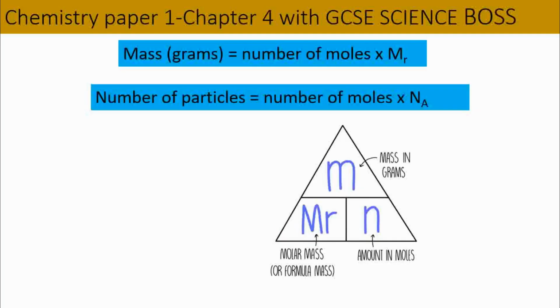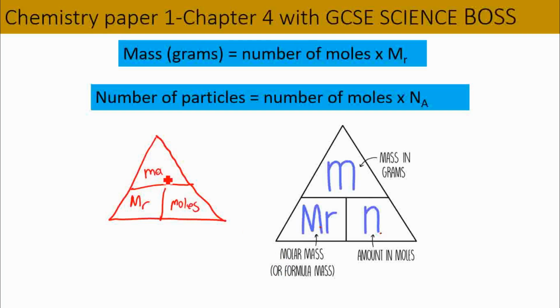So for this chapter, there are two main equations that you need to know. Mr. Moles has mass on his head, so that's what I use to remember this equation: the MR, relative formula mass, moles has mass on his head.